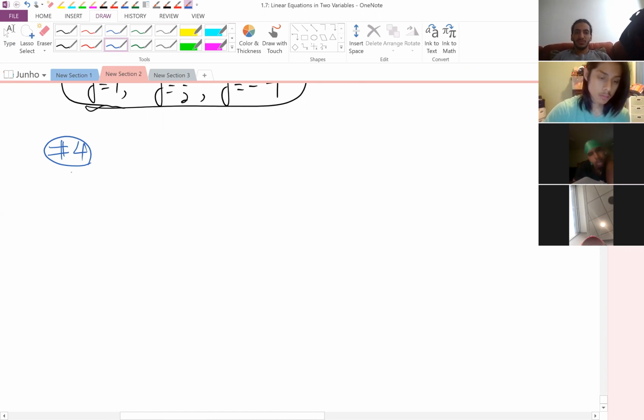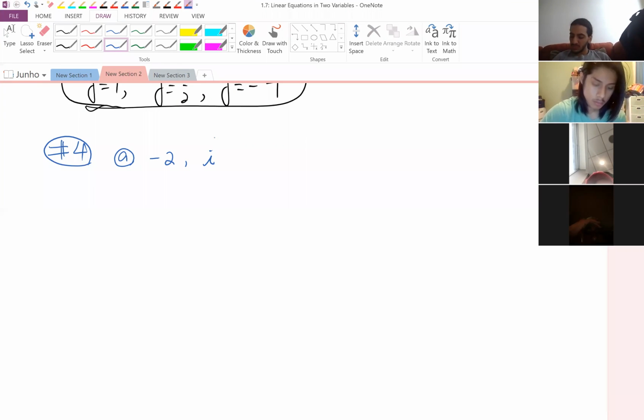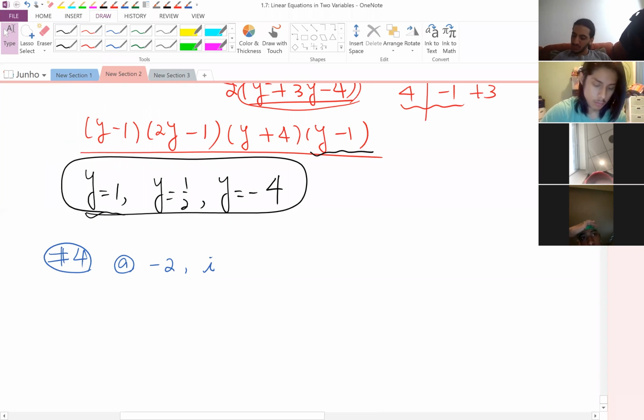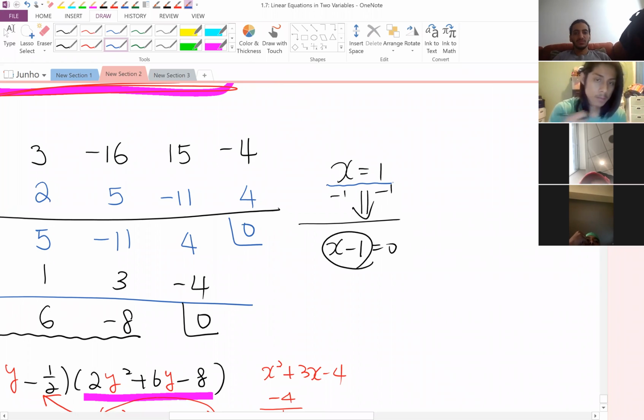Number 4 here. Find a polynomial function with real coefficients that has the given zeros. So for A, we have -2 and i, right? When we have an answer like x equal to 1, we write it in factored form, so this becomes x minus 1.